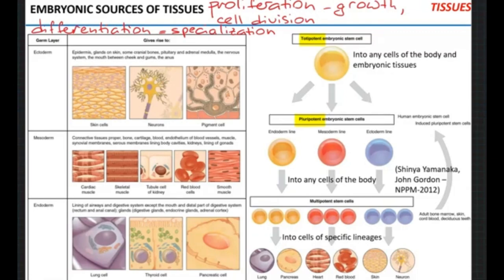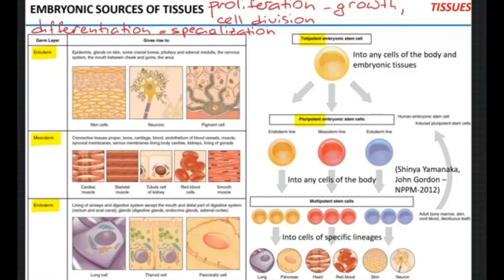Pluripotent stem cells form three distinct layers within the developing embryo. The outermost layer is called ectoderm, ecto, outside. The innermost layer is called endoderm, endo, inside. And the layer in between is called mesoderm.